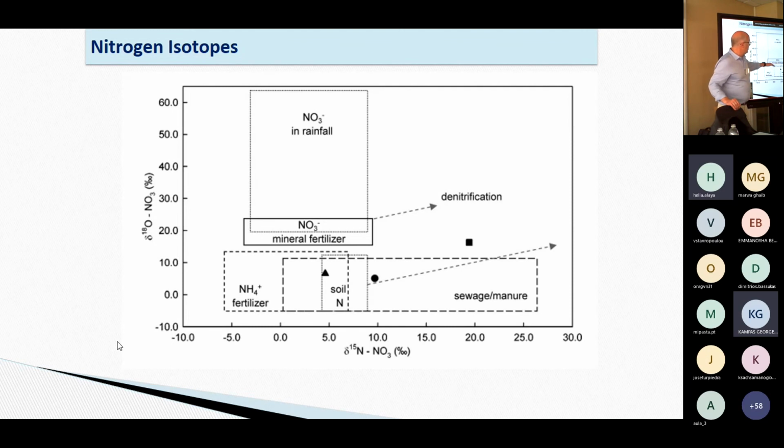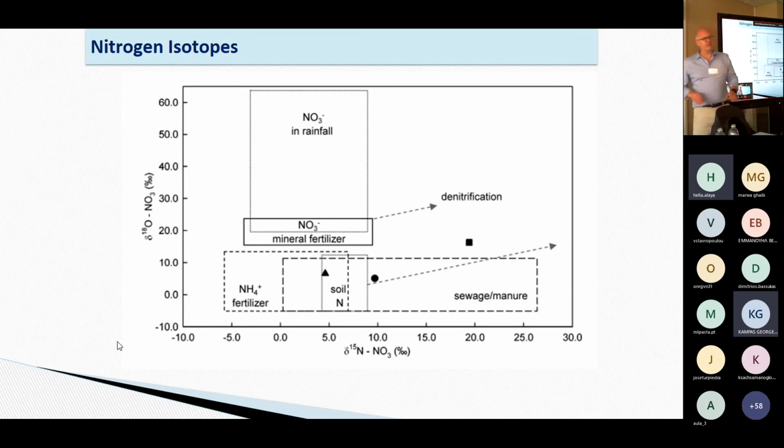But if we involve chemical processes, like production of mineral fertilizer, we move up in this dimension, we change the O18 value. And the most useful application is to distinguish mineral fertilizer from natural sources of nitrate, and to distinguish plant nitrate from animal nitrate from human nitrate.